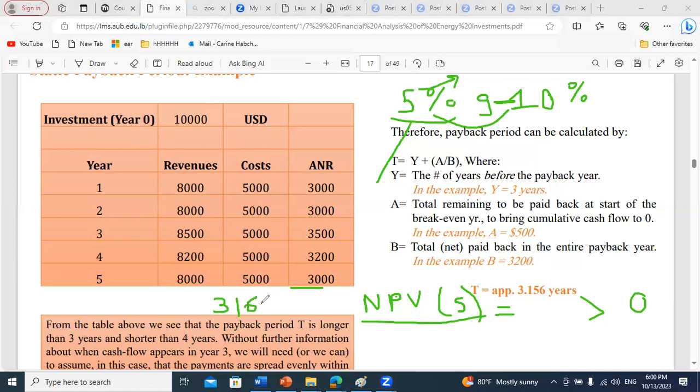So 61, while this one is for 5%. At 0%, all we have to do is sum the benefits, the net revenues, and subtract 10,000 from them. So we have here up to year 4 12,700 and here 15,000. So we do 15,700 minus 10,000.